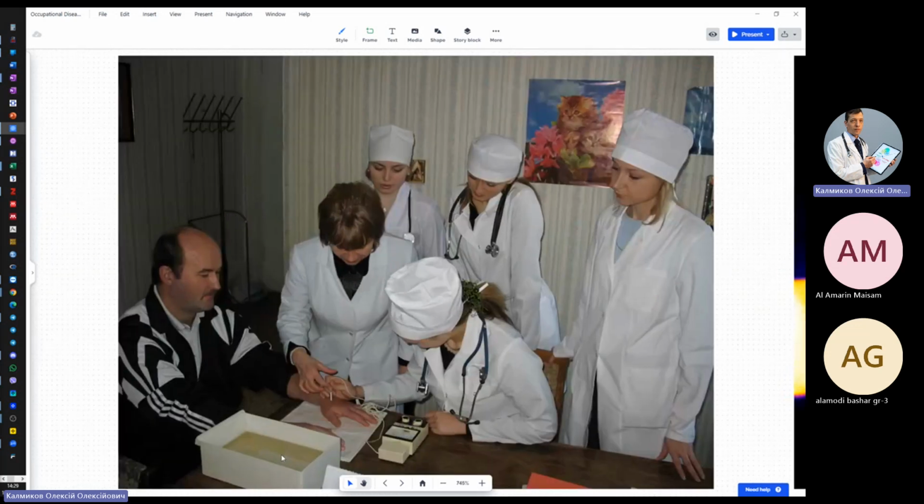The methodics of this investigation is that we ask the patient, it's really our patient with our students, to put one of his hands into cooling water and then compare the condition, the superficial temperature before cooling of that hand and the symmetric and other. Same for feet, for instance.